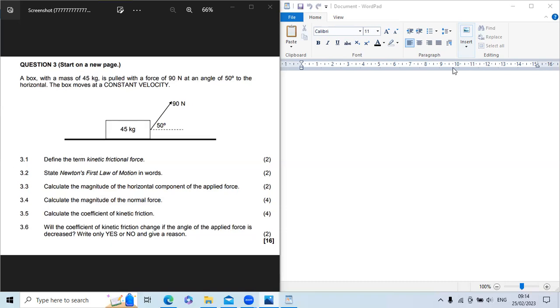Is it where when a net force acts on an object, then that acceleration is directly proportional to that net force, and the mass is inversely proportional? Exactly.